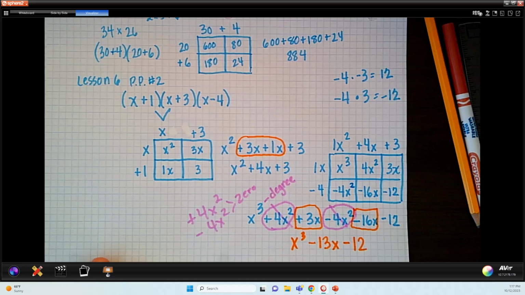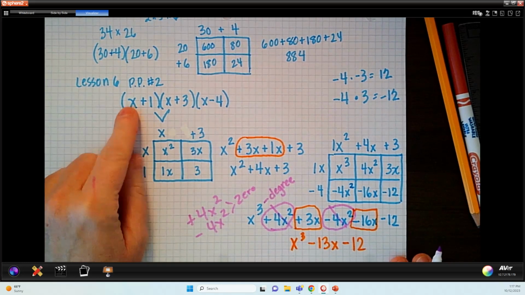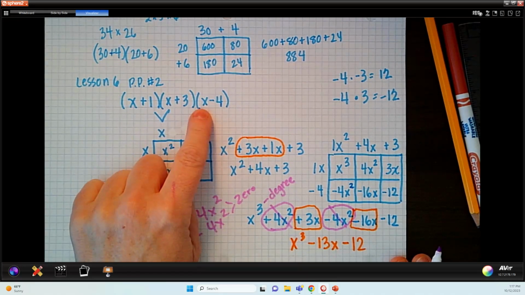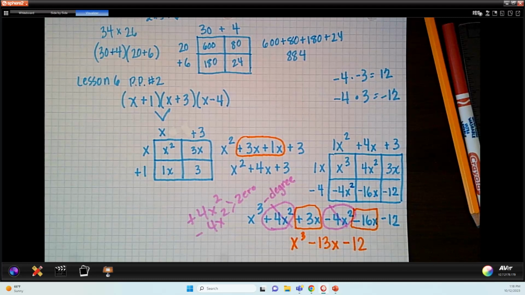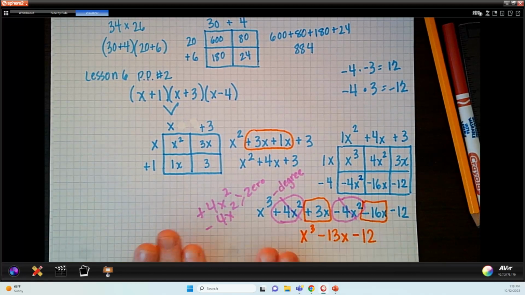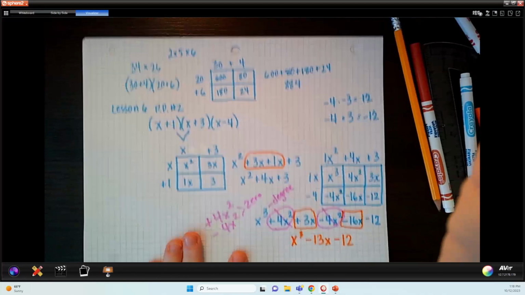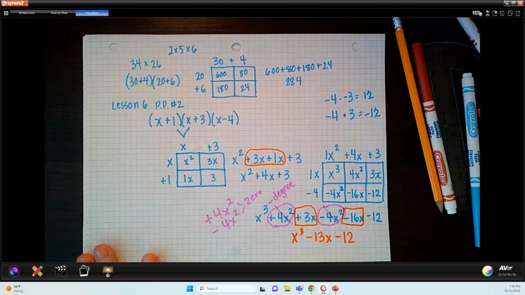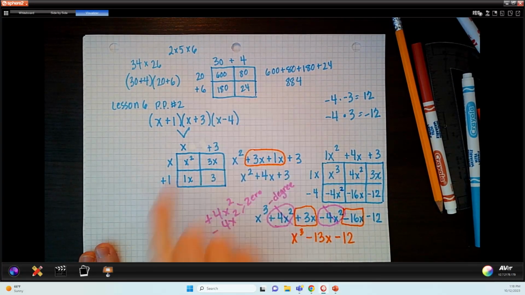I know my zeros are going to be a -1, a -3, and a +4, okay? So connect those things that you're learning. And if you have another strategy for solving polynomials, please feel free to use it. But if you're struggling, take a little trip back in time to 5th grade and think about when you used to multiply 2-digit numbers using the area model. Same thing.